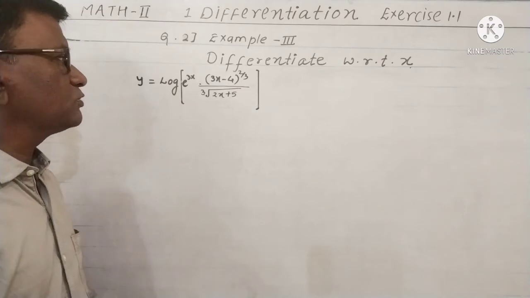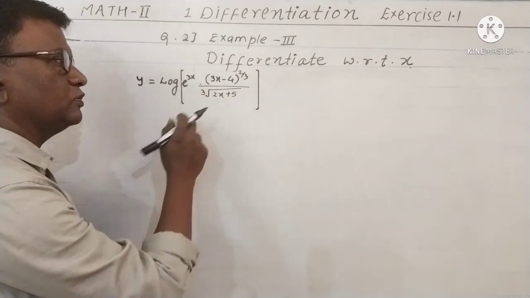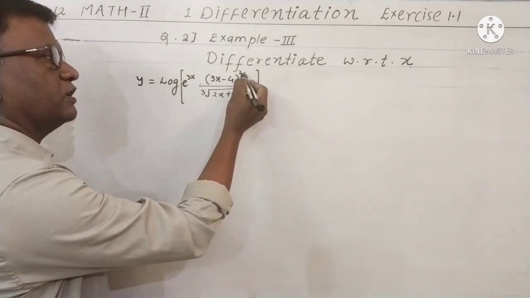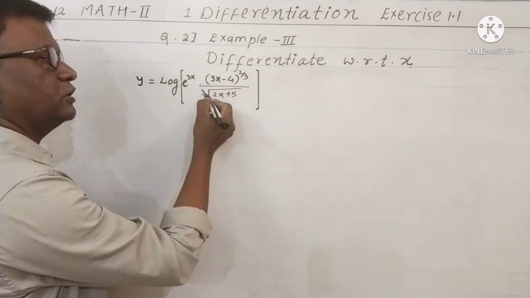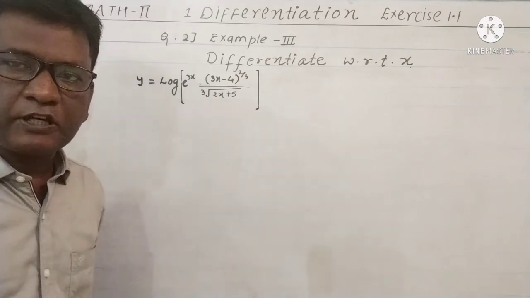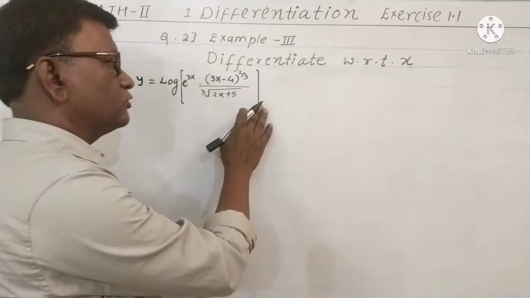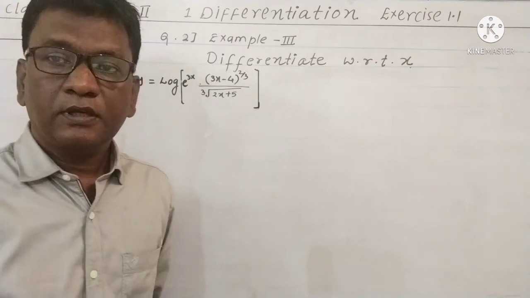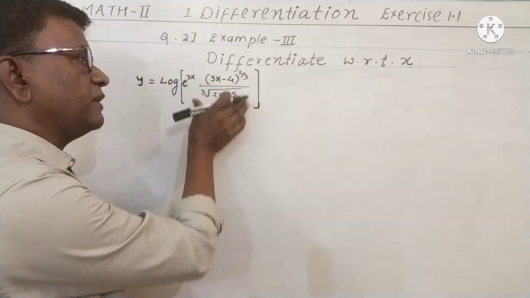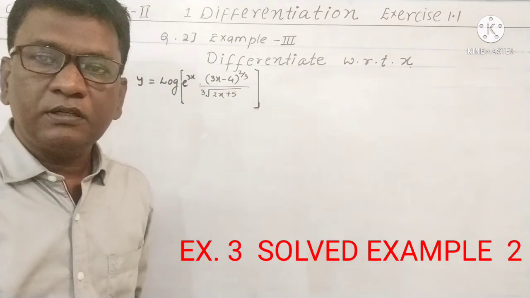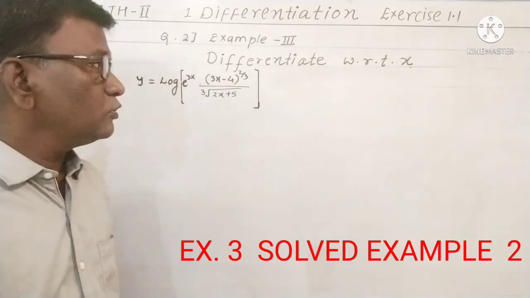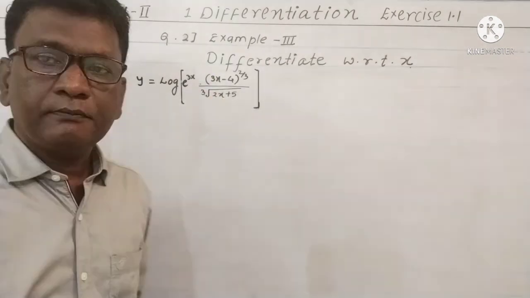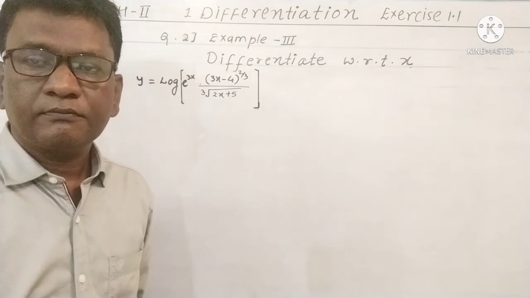In bracket e to the power 3x into (3x minus 4) raised to 2 by 3 upon cube root of (2x plus 5). You have to find the derivative of this function, and to solve such type of example, we have to apply some basic formulae.